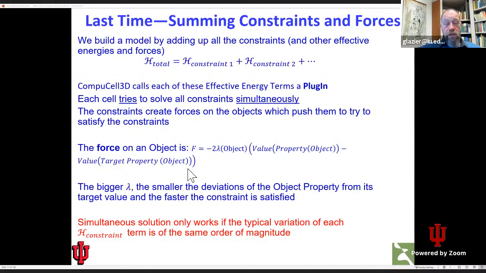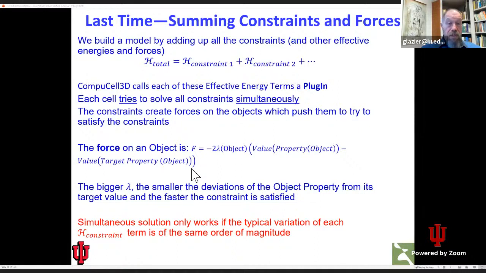Now, as I mentioned, you build up a model by adding energy terms, effective energies, each one of which represents a different attribute or behavior or feature of the cells. And so the dynamics that I've defined will try to simultaneously minimize all of these things together.